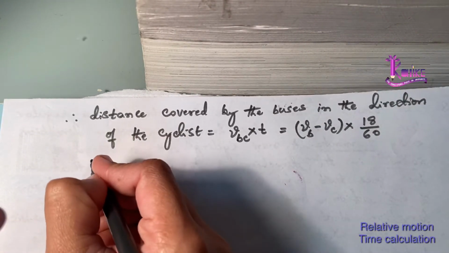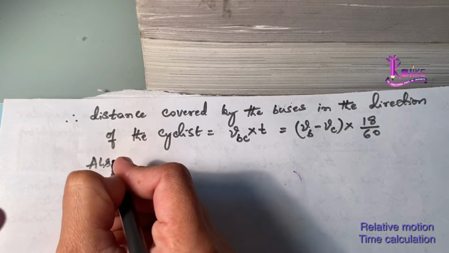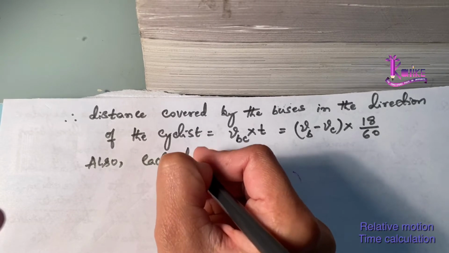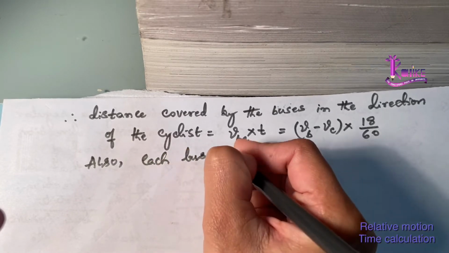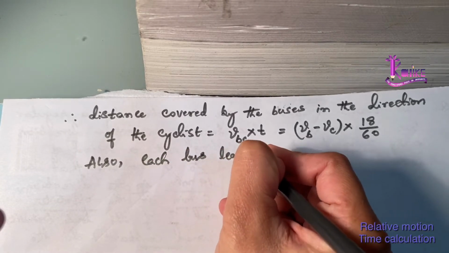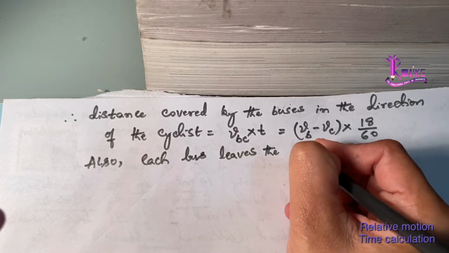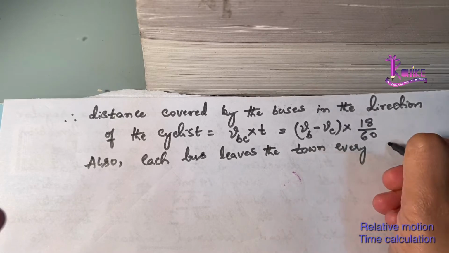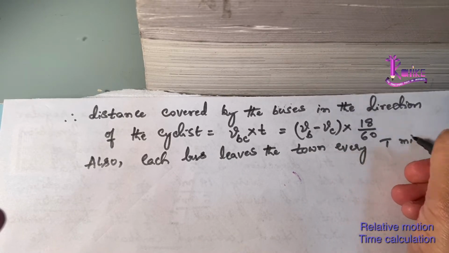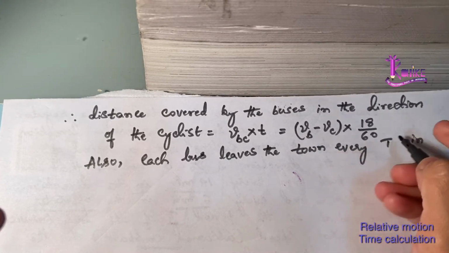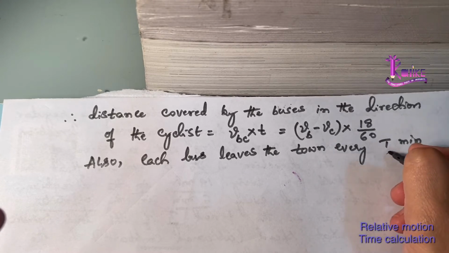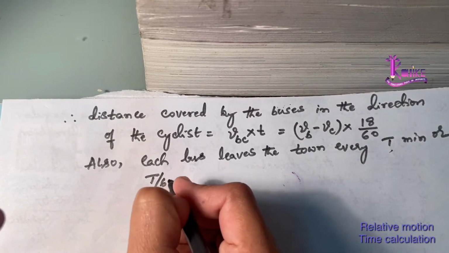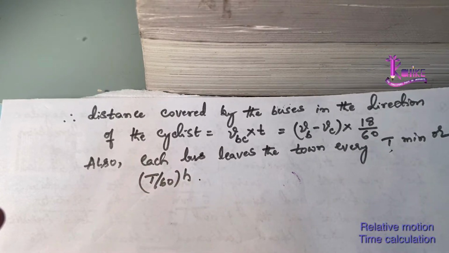Now also there is some extra information given in the numerical. We also know that each bus leaves the town every t minutes, or every t/60 hour, right?